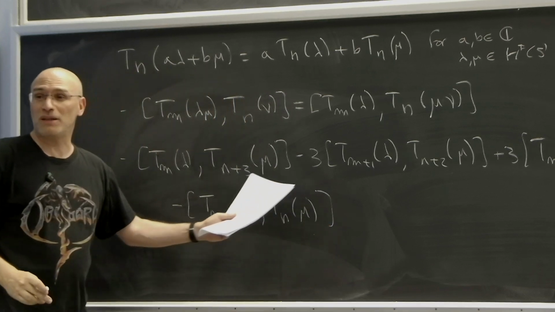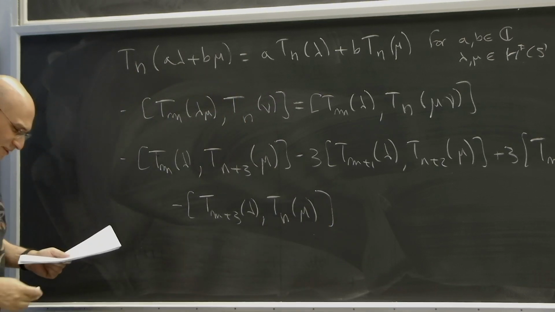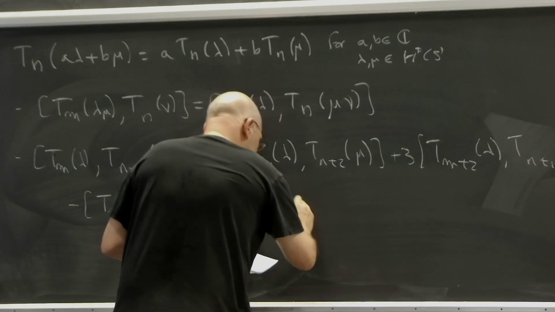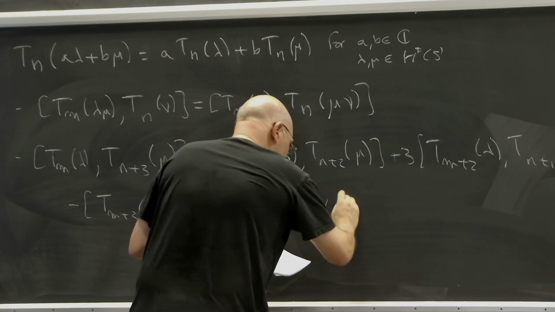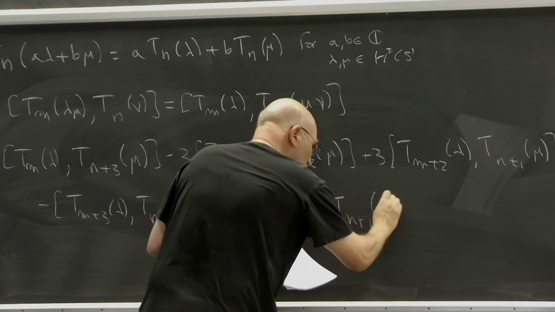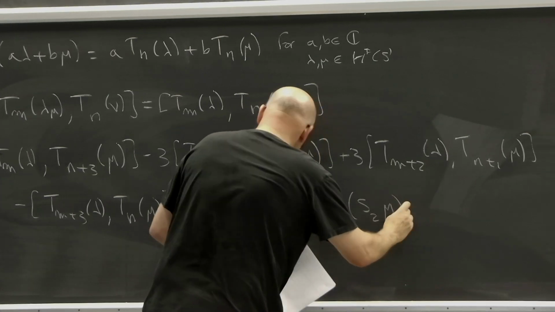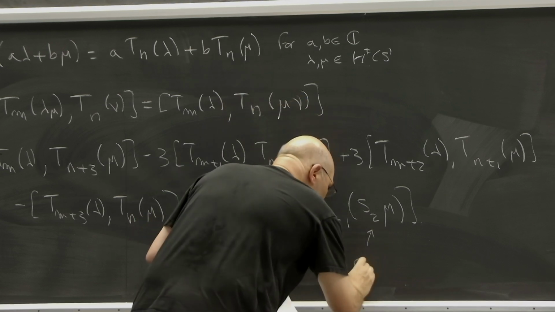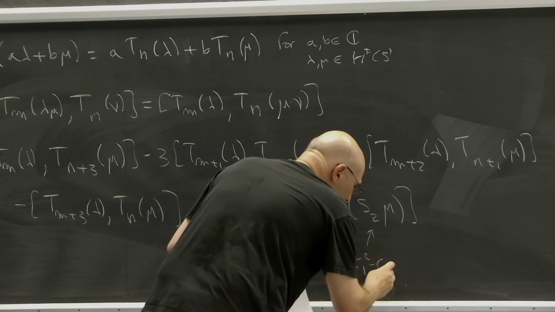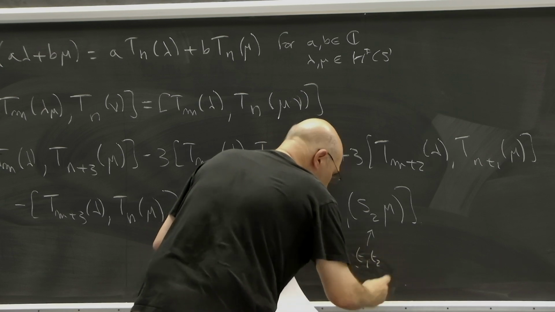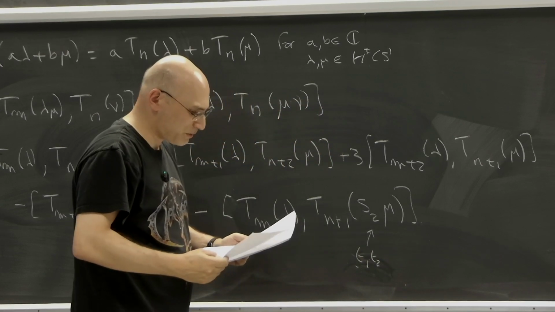You would like it to stop here and be happy, but no, there's a bit more. So minus T_m of lambda T_{n+1} S2 mu. So what is S2? S2 is c1 squared minus c2. S2 is T1, T2. Wait, is it really T1, T2?